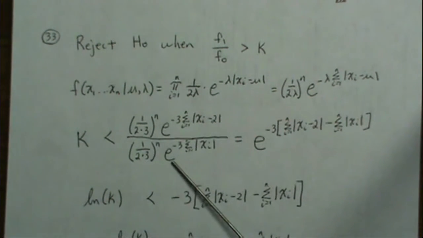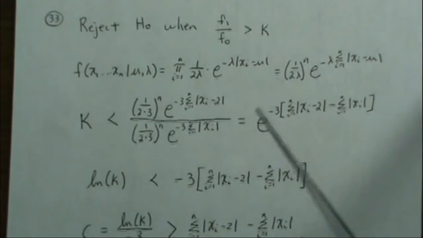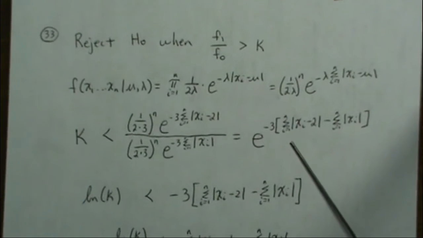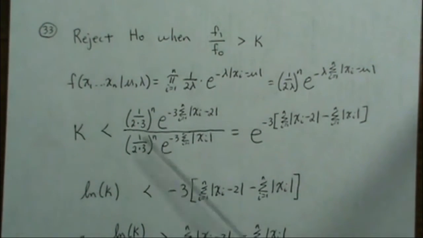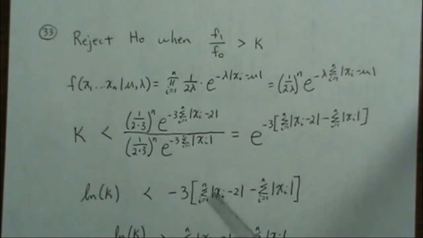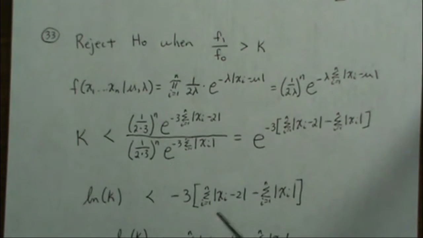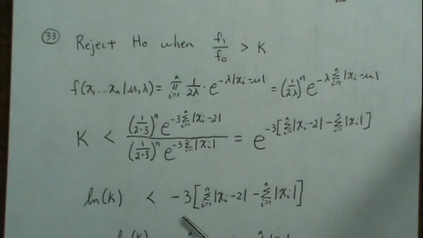And here, mu is 0, lambda is 3. So it simplifies to this. Then if we take the log of both sides here and here, we get this. Now we need to divide by -3, which then changes the sign.